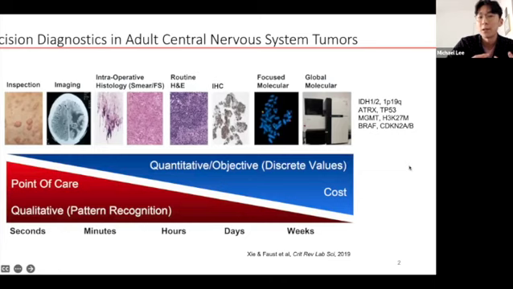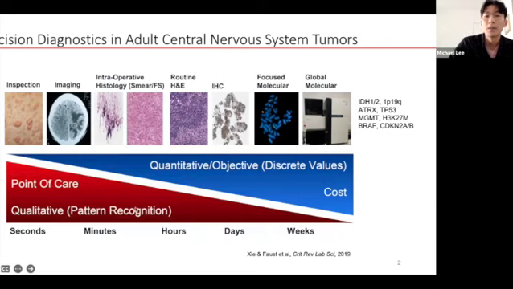But before I dive into the computer vision tools, the convolutional neural networks and all that, I think it's important to briefly talk about how diagnosis works in modern medicine. It could be as qualitative as a brief inspection of a skin lesion, over here on the left, to something very objective and quantitative like molecular sequencing, which could take weeks or longer, and also be much more costly.